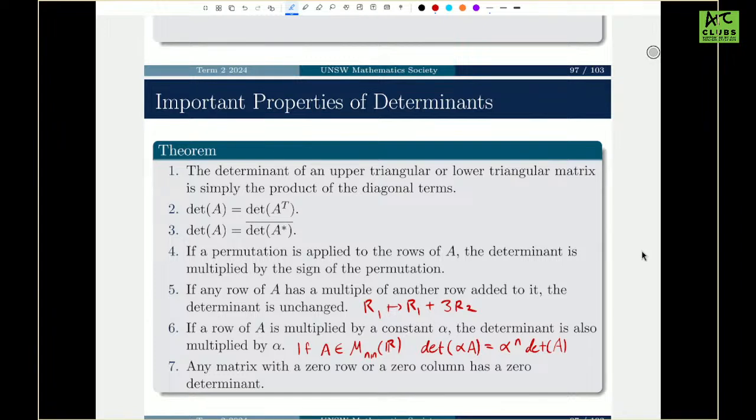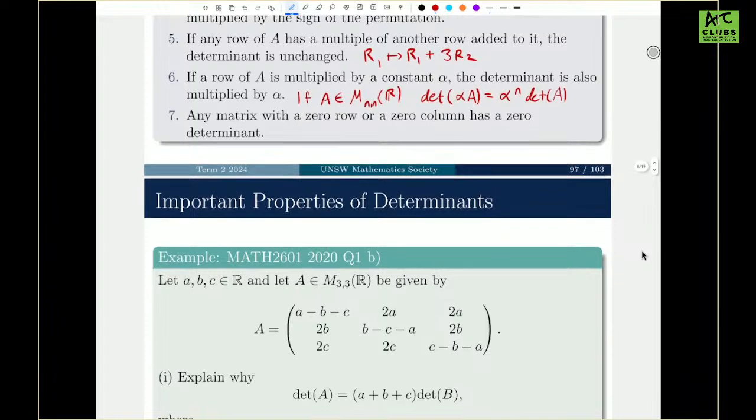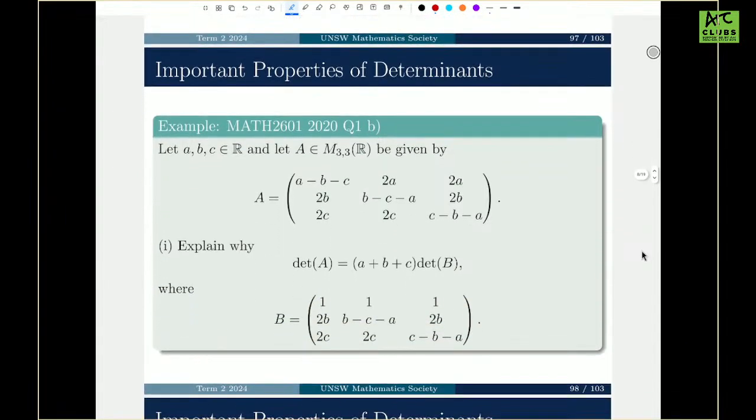That arises from the fact that if the columns are not linearly independent, then the matrix will have a non-trivial kernel, which means that the linear transformation given by that matrix is non-injective. If it's not injective, it's not bijective, it's not invertible, and if it's not invertible, the determinant is 0. So that's just a brief little SparkNotes summary of the proof. You can have fun trying to prove that yourself. It's a really neat property.